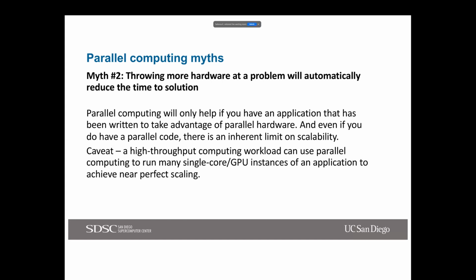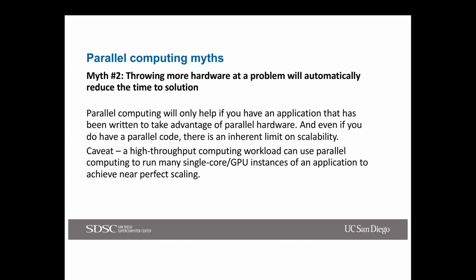Myth number 2 is probably the most important one, in the sense that many people think that just by having access to a supercomputer, if you run your code there, it will run faster. That's not always the case, right? Just having access to more or more advanced computing hardware does not necessarily mean that your application will run faster.